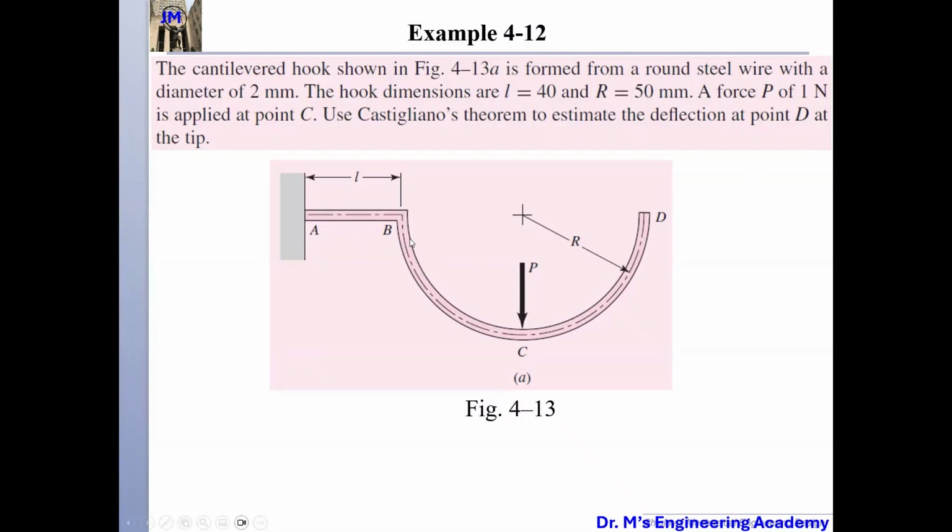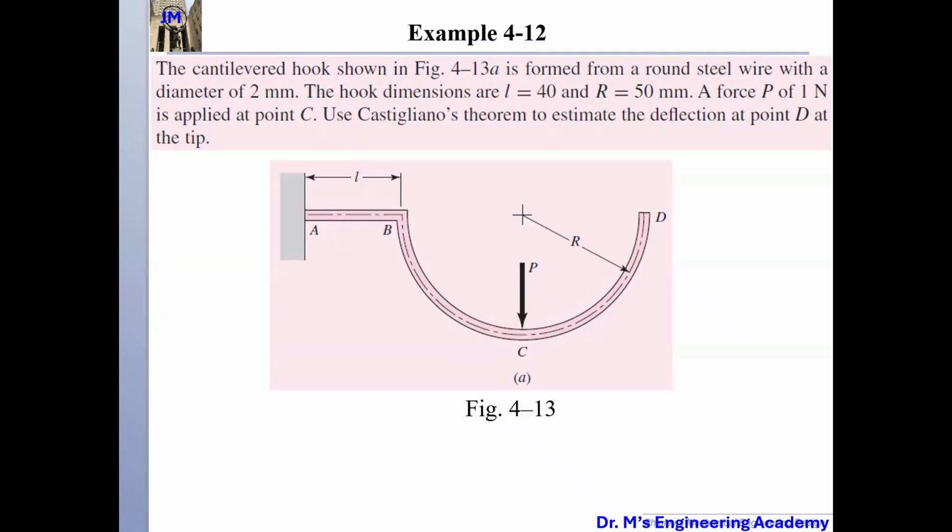Whenever we see a concentrated force, we always divide this beam at this point into two parts, because the concentrated force usually generates a singularity. So here, this is segment 1, from here to here is segment 2, and from here to here is segment 3, right?